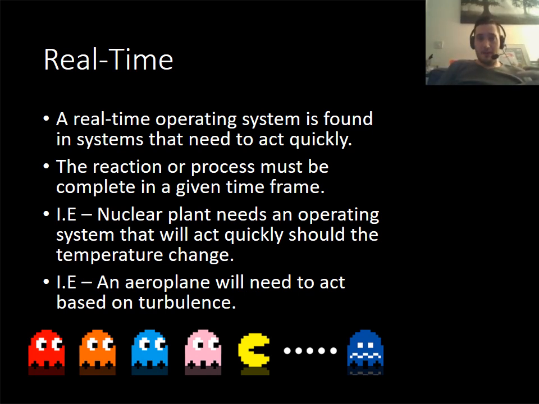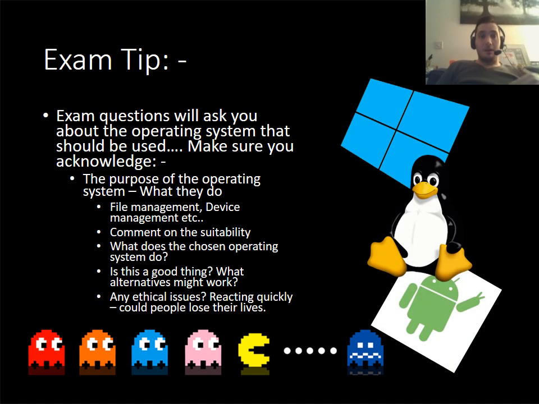Now, to finish this, I just want to give you some tips for essay style questions. If you are having to talk about operating systems in the exam, they never tell you to, but make sure you comment on the purpose of what an operating system is for. We've talked about file management, device management, network management, process management.